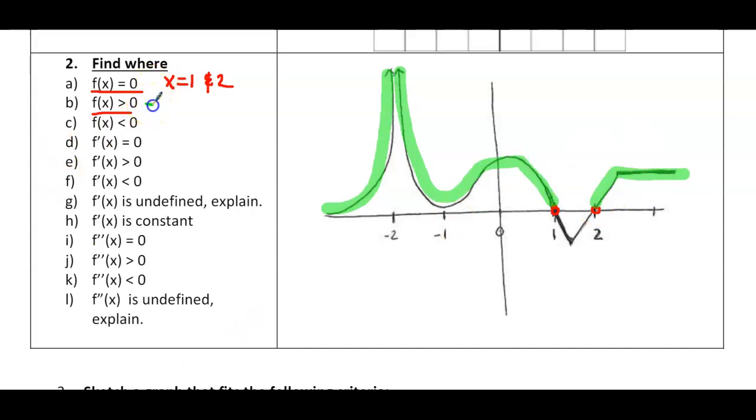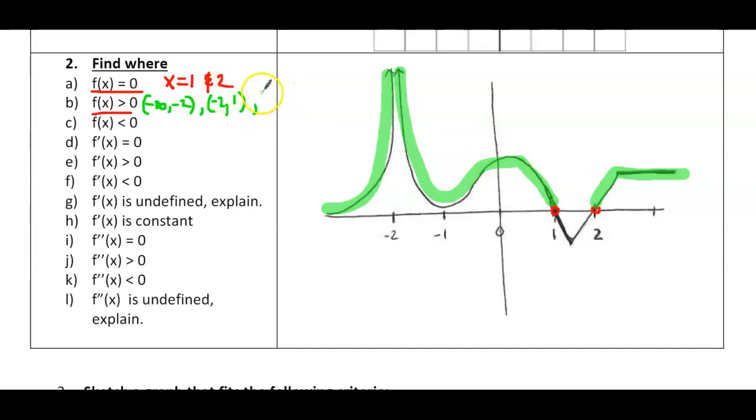So that would be from -infinity to -2 is the first piece. And then from -2 up to 1 is the next piece.